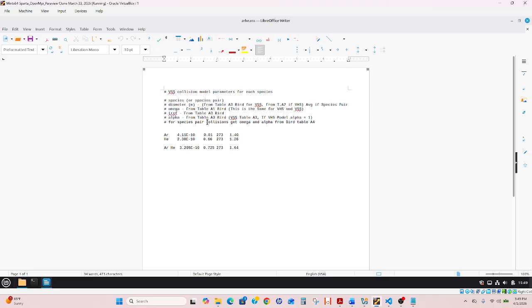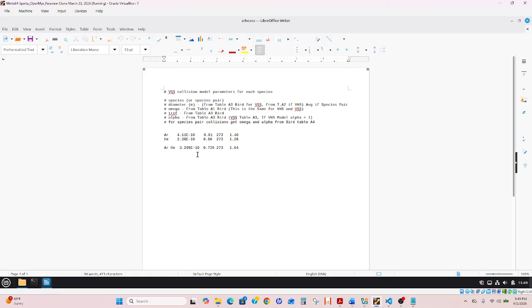So for species pair collisions, we have to look down in table A4 and get our omega and our alpha from there. It'll be alpha 1, 2 and omega 1, 2 in that table in Bird's Appendix A. And then for the diameter, the way Bird talks about it in Appendix A is you take the average diameter between the two.